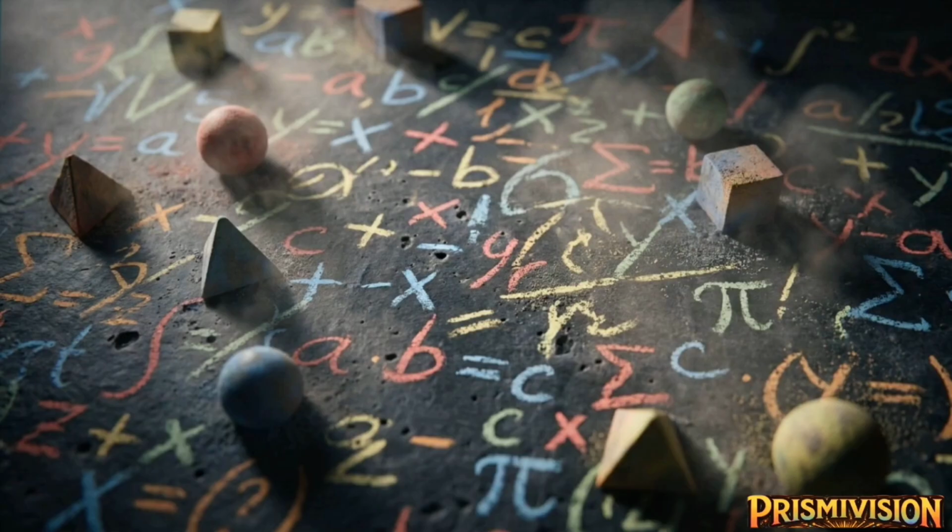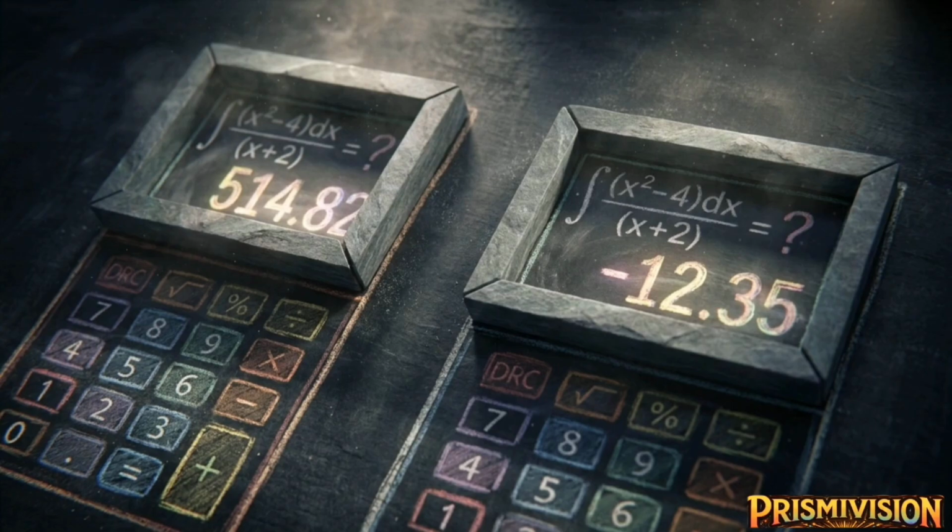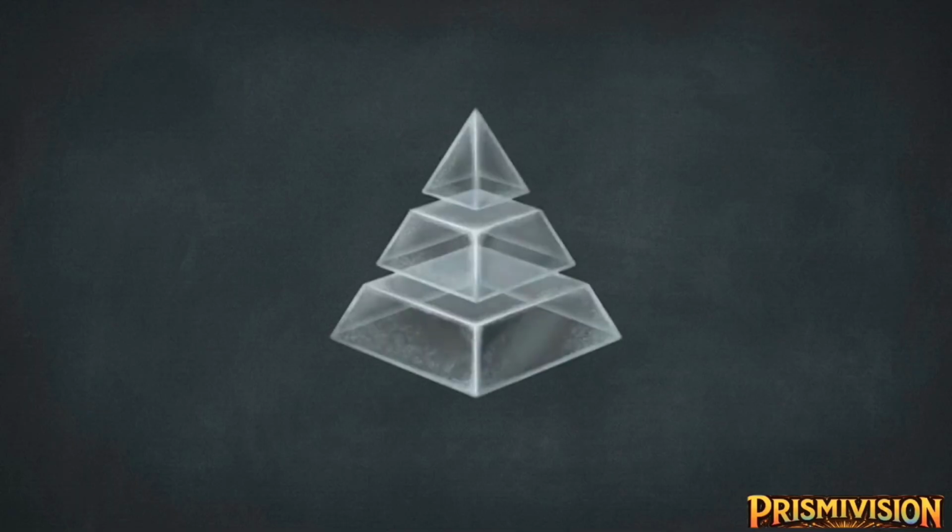Just having symbols isn't enough. You need grammar. If you try to calculate a complex string of numbers and operations without a shared set of rules, you will end up with multiple, contradictory answers. To fix this, mathematicians follow a rigid hierarchy of operations. At the very top of this pyramid, you always resolve anything grouped inside parentheses first. Immediately after that, you evaluate the exponents, your powers and roots.